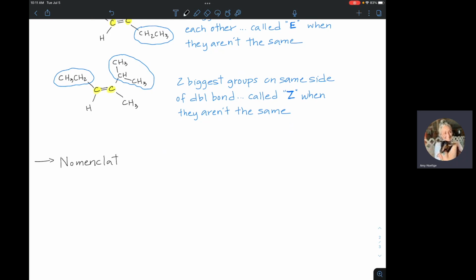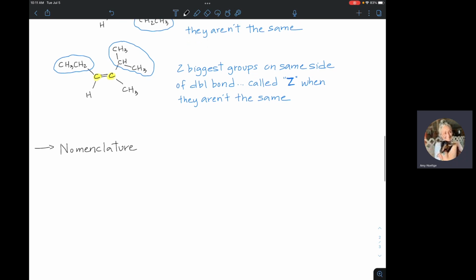So naming an alkene, or even just an alkyne, I'm going to start with alkenes, but naming these things, we're going to start with the functionality. So you're going to treat the double bond or the triple bond like it's its own functional group.